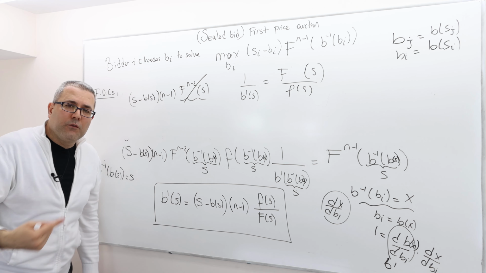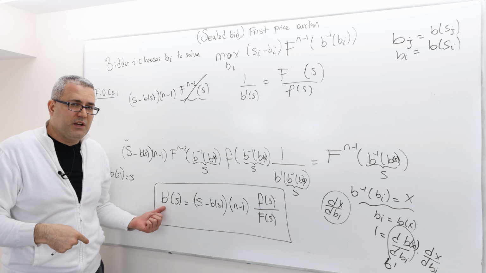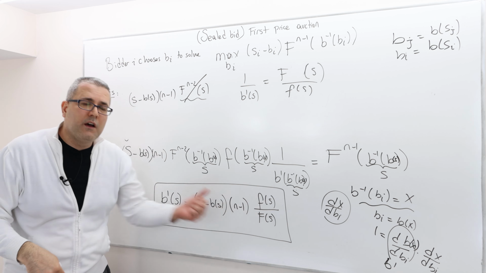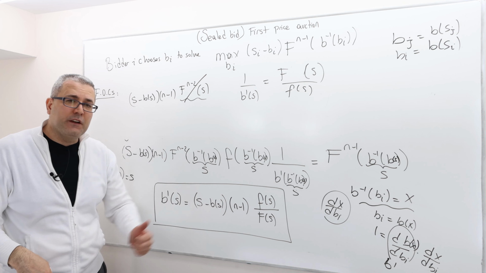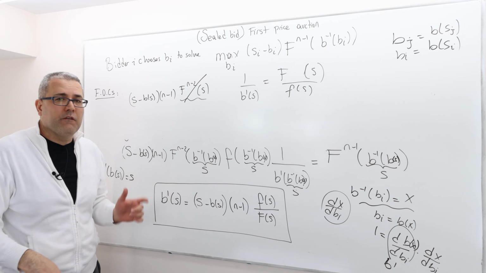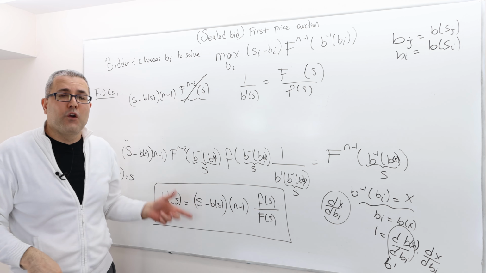So therefore, the symmetric Bayes-Nash equilibrium bidding strategy should solve this linear first-order differential equation. So we have to solve it. In the next episode, I'm going to start from this point.